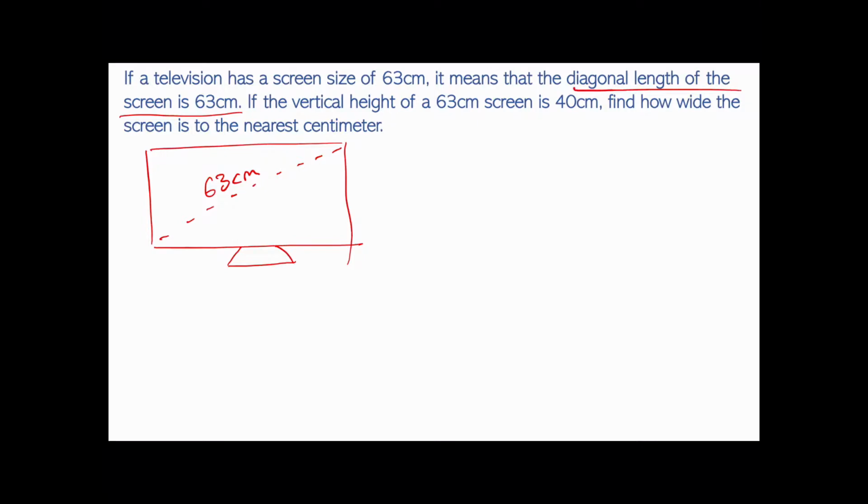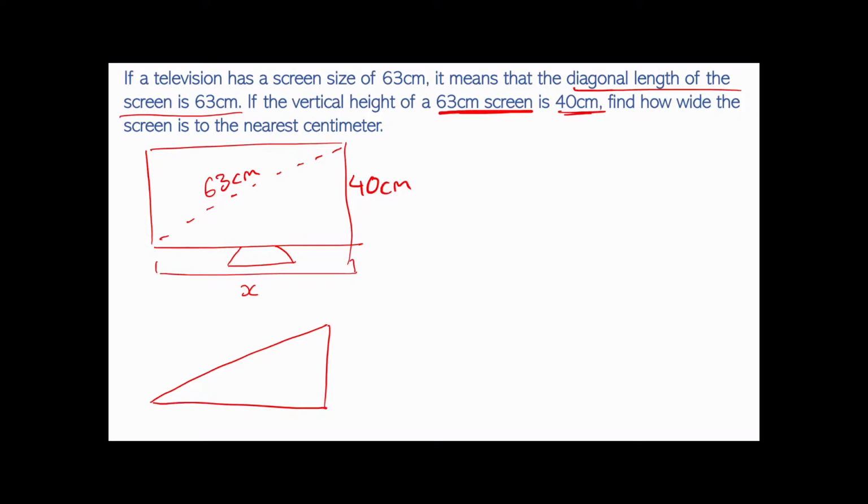Okay, so if the vertical height of a 63 centimeter screen is 40 centimeters, we want to know this length here, how wide. So again, to make it visually easier to see, I'm going to pull out that right angled triangle, and here we've got 63 centimeters as our hypotenuse, 40 centimeters here, and x here.